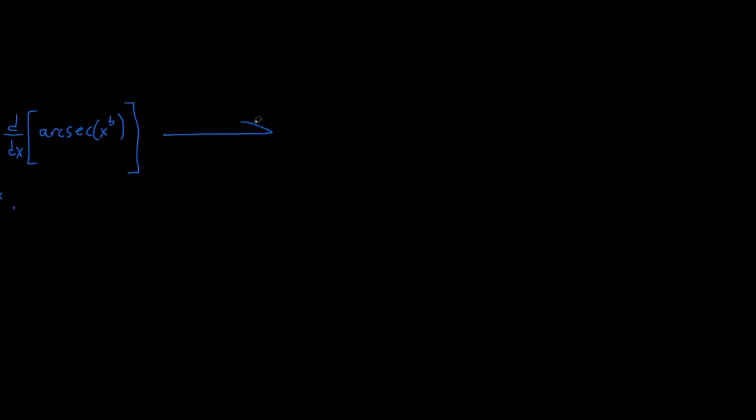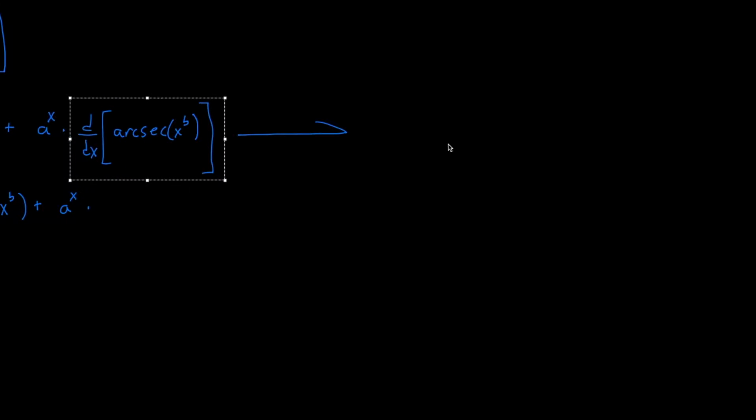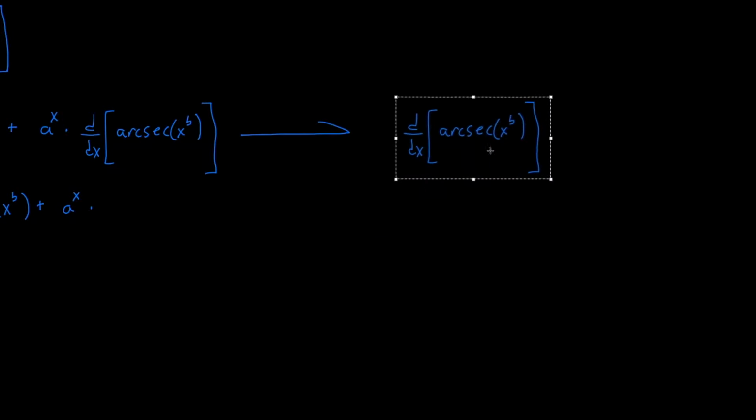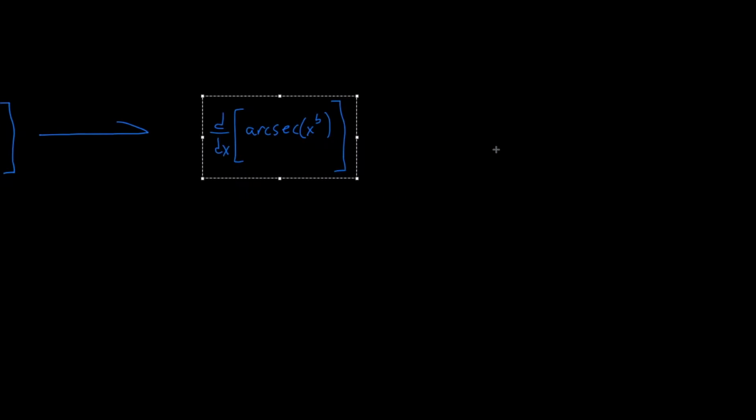And I'll just copy and paste this over here. So for the derivative of arcsecant of x to the b, we have a nested function, so we're going to do a u substitution, or we're going to do a chain rule.